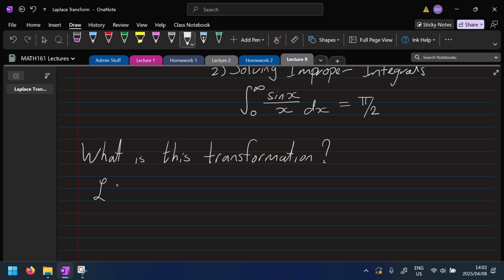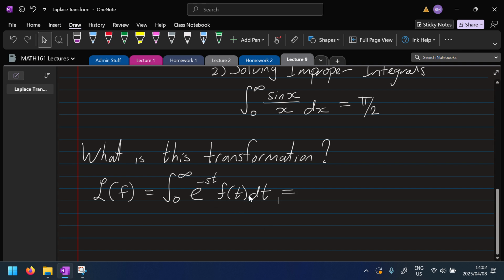So the Laplace transform of f, which we write with the script L, is equal to the integral from 0 to infinity of e to the minus st times f of t dt. Once we've done all of the integration with respect to t, that all goes away, and we're left with the variable s. So integrating all of the t out, we end up with some function of s, and we write that with a capital F.